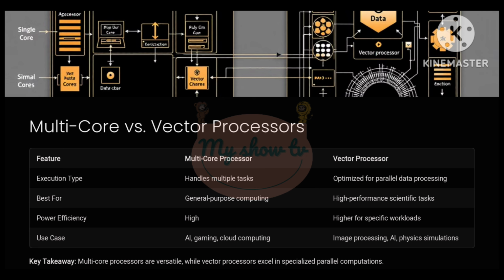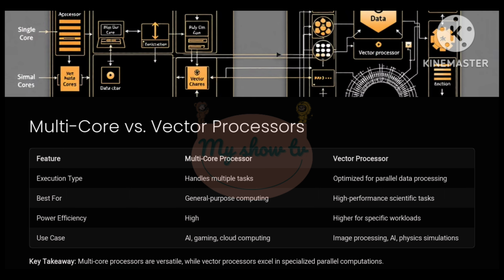Example: NVIDIA's Tensor Cores optimize AI computations using vector processing. Key takeaway: multi-core processors offer versatility and multitasking capabilities, making them ideal for general computing. Vector processors specialize in handling large-scale parallel computations, making them essential for scientific and AI-based applications.